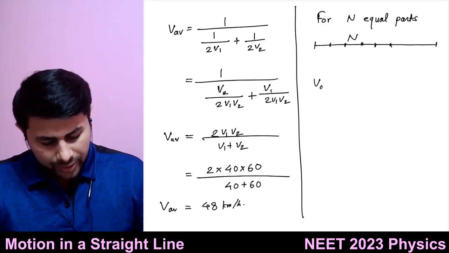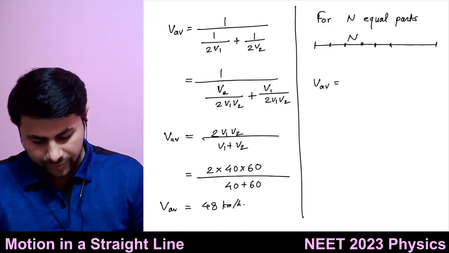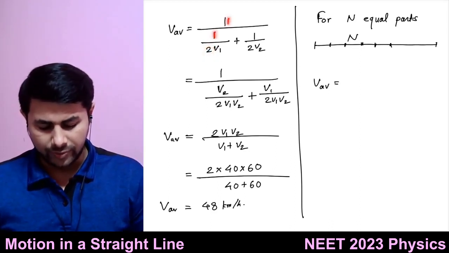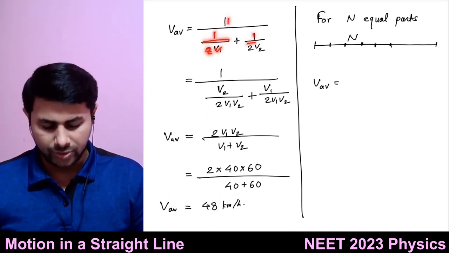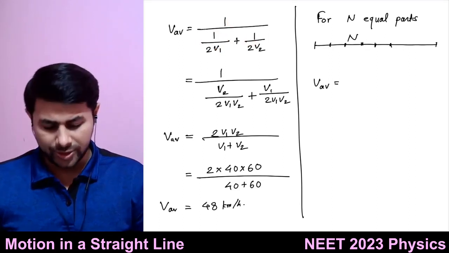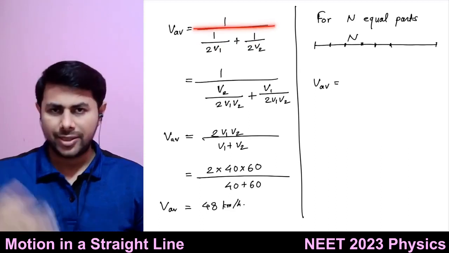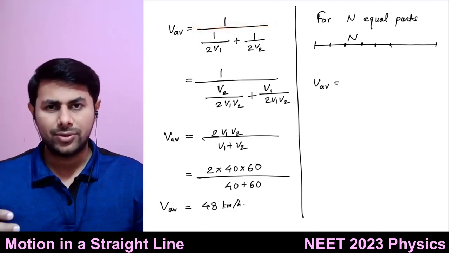Your formula for the average velocity, you can see over here, if you have two parts, it will be 1 upon 2v1 plus 1 upon 2v2. Okay, I am taking reciprocal of both sides, right? So a numerator will come to denominator, denominator will go to the numerator.